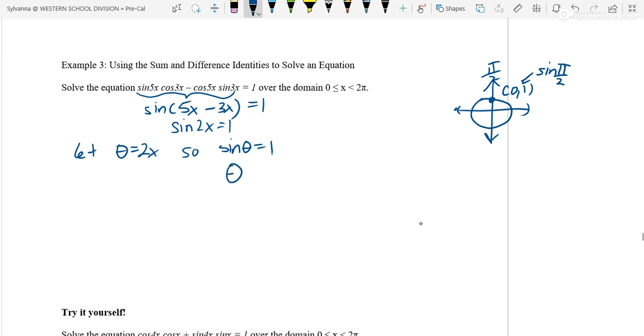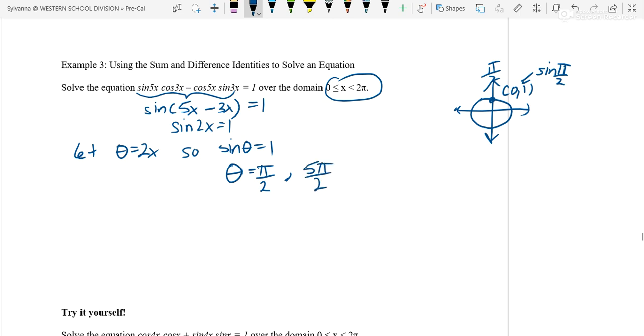So theta is pi over 2. But this is just one angle, right? I need two angles. So I'm going to do pi over 2 plus 2 pi. If you look at the domain, I don't want to subtract. So the other angle would be 5 pi over 2.